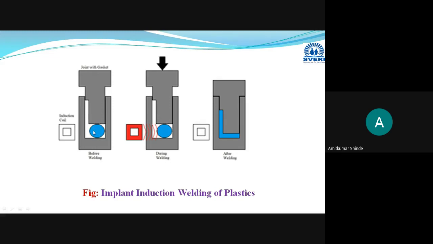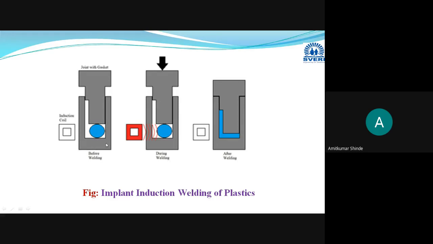This is the adhesive material. When you pass high frequency alternating current through this inductor coil, an alternating electromagnetic field will be generated, and due to that electromagnetic field, eddy currents are generated, and these eddy currents will flow through the metal surface and generate the heat.